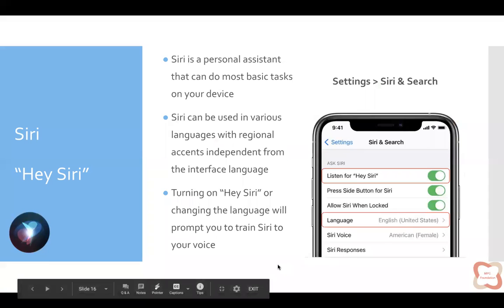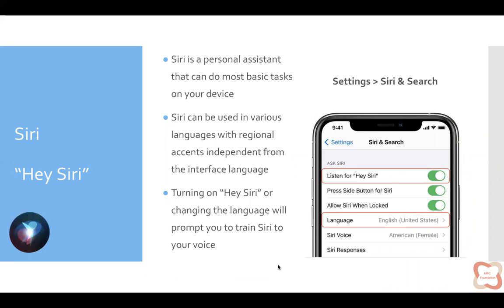Next slide. As I said, Siri is a personal assistant that can do most basic tasks on your device. Siri can be used in various languages with regional accents independent from the interface language. For English, it has a Canadian accent, British accent, and so on.